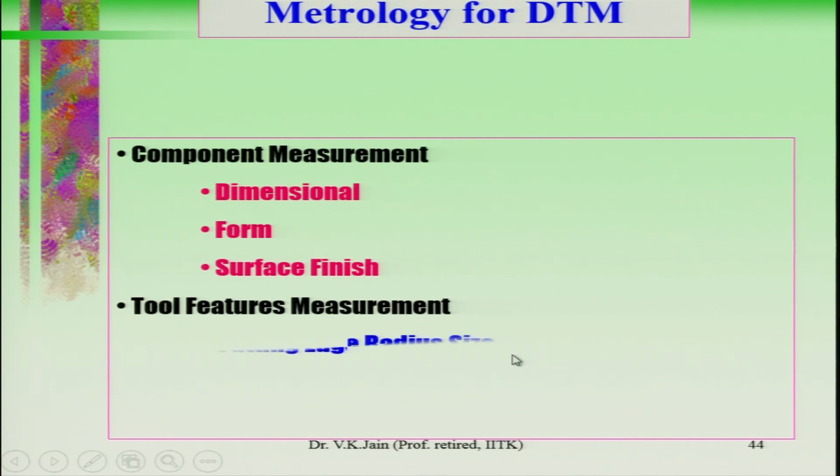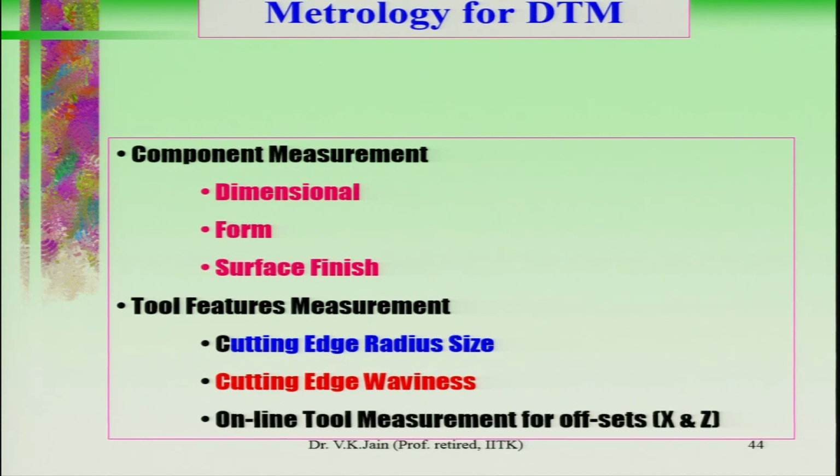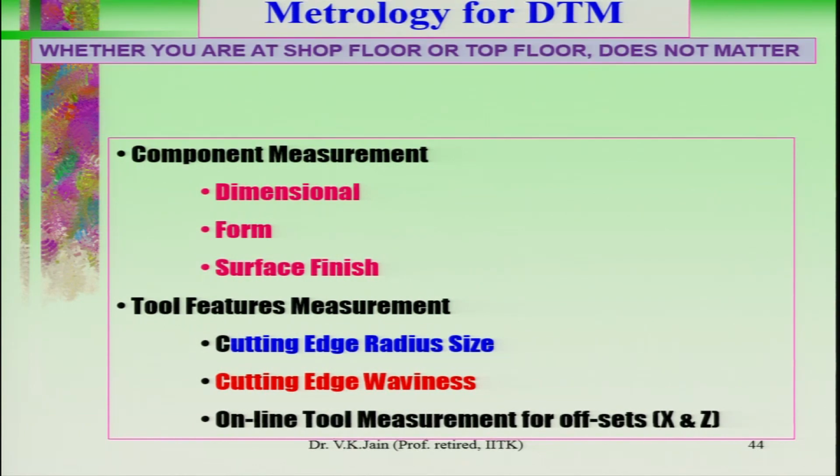Then tool features measurement is there: cutting edge radius size we have already discussed, cutting edge waviness also we have discussed. So, you can use metrology for measurement and checking whether they are correctly made or not. And then online tool measurement for offsets, how much is the offset in the x axis and z axis, and they should be corrected before you really start machining.